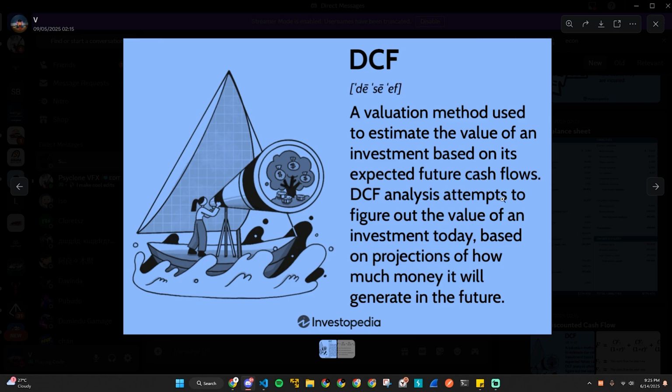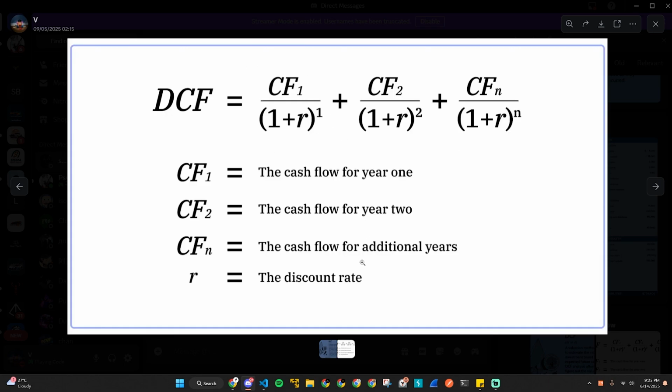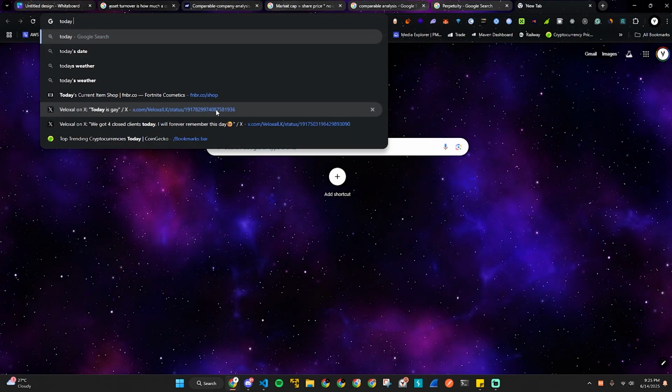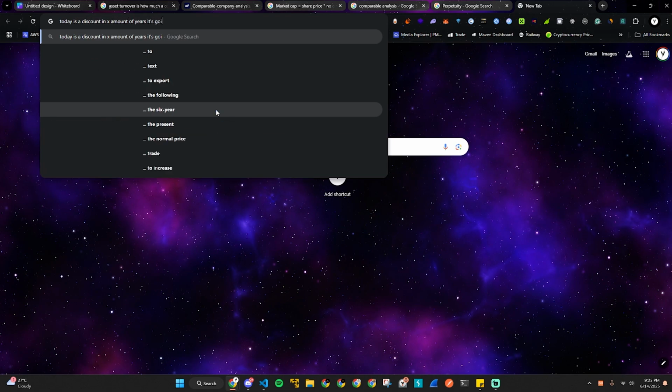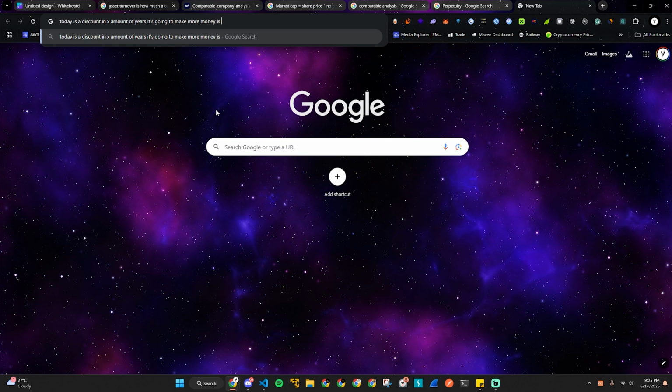This DCF analysis attempts to figure out the value of an investment today based on projections of how much money it will generate in the future. Right? So today is a discount, and in X amount of years, it's going to make more money. Is that DCF? Yes.